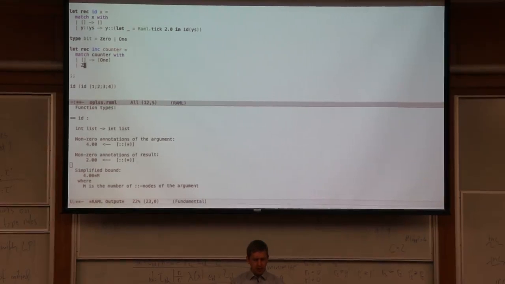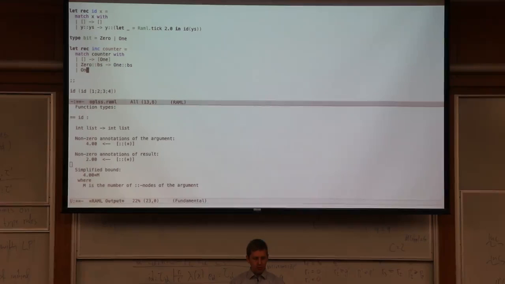So if it is 0 and some more bits, then we just flip it to 1, right? And we are done with it. Great. But if it's 1, that's when the trouble arises. Then we have to do 0 and have to do this dreaded recursion on the rest.